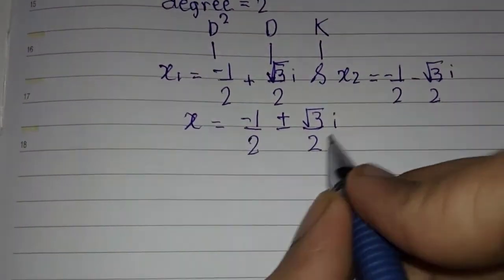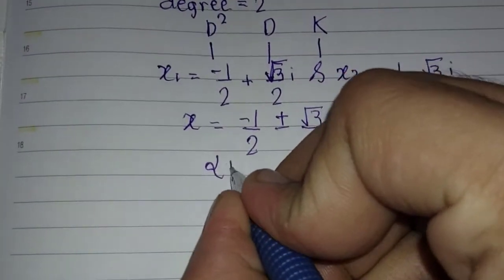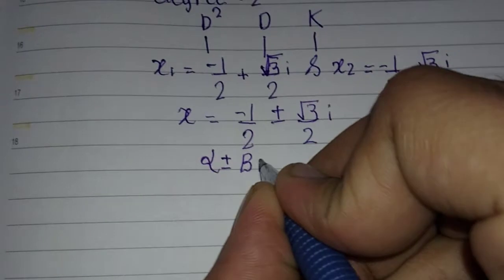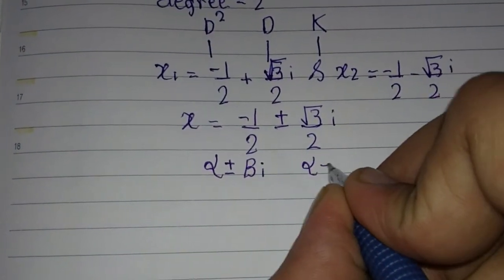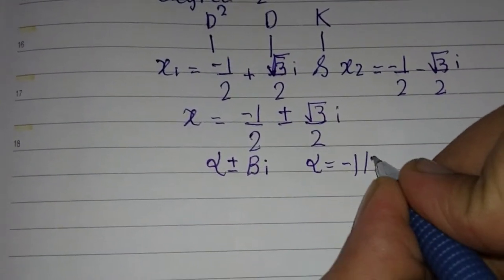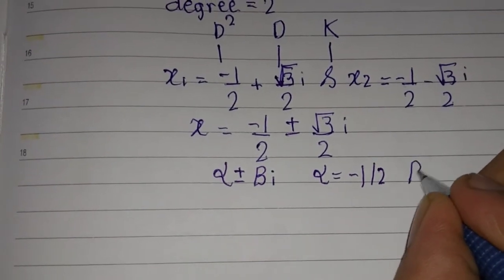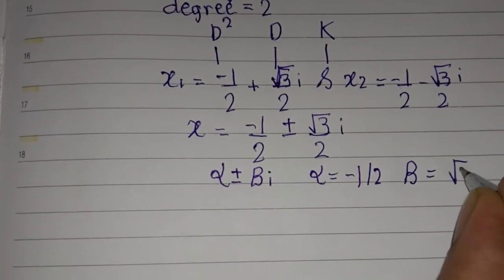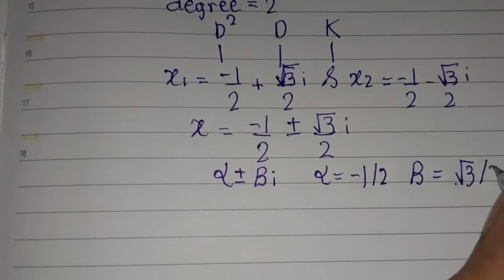Now comparing the values with alpha plus minus beta i, the value of alpha is equal to minus 1 by 2 and the value of beta is equal to root 3 by 2.